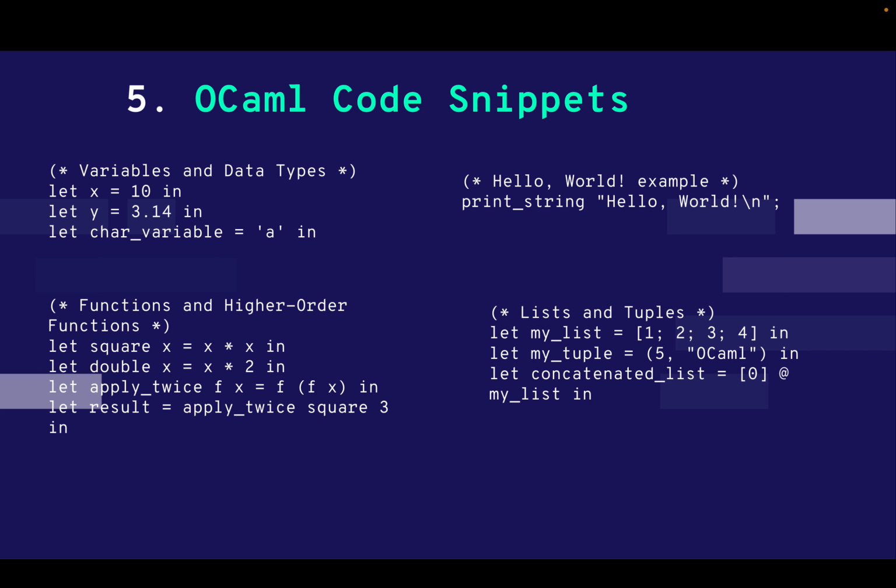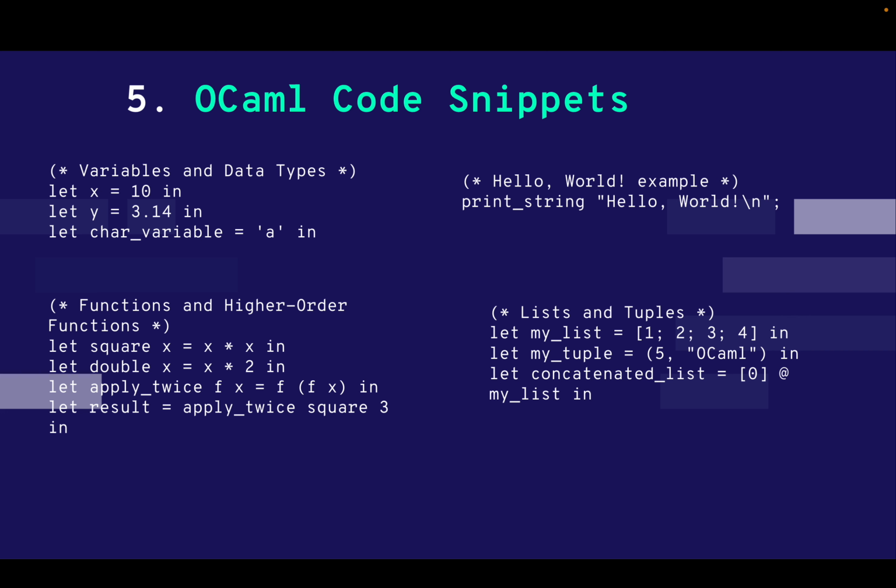Then let apply twice, which will take a function as a parameter in order to do math, which will give you the square of the number you just squared. So for example, if I have 3 times 3, that's 9. Now, if I want to square that, the function let apply twice is going to give 81.